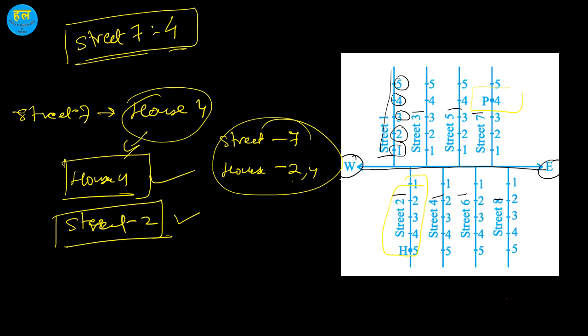Similarly, we need to find house number 5 on street number 2. So we will move from the west to street number 2, on the right hand side, and then on street number 2 we will move 1 2 3 4 5, and we can easily locate house number 5.